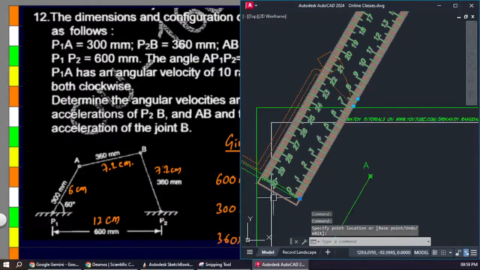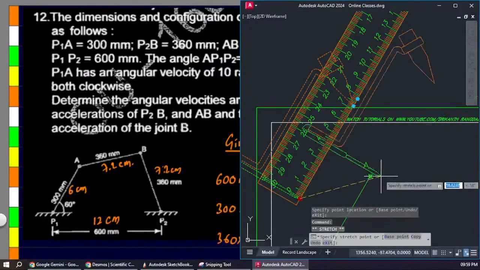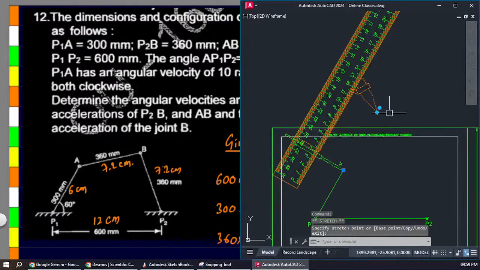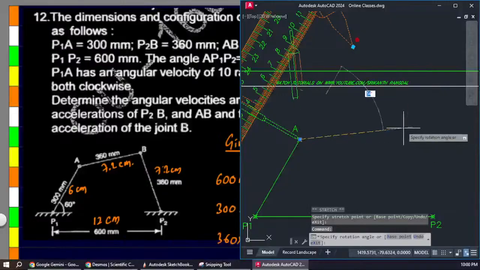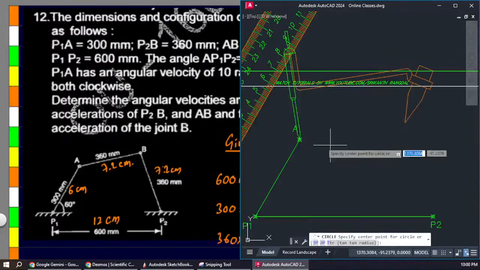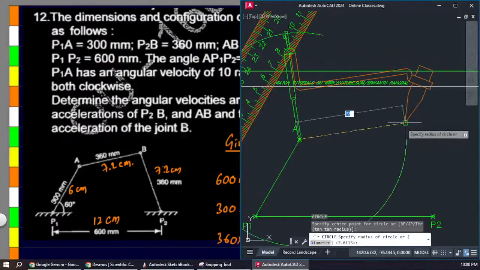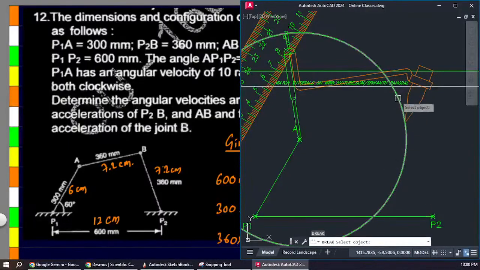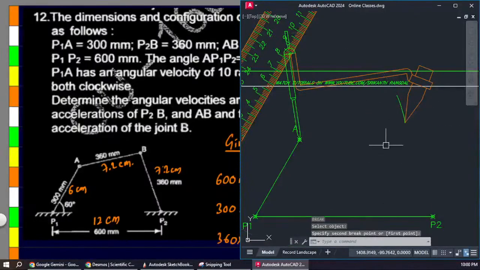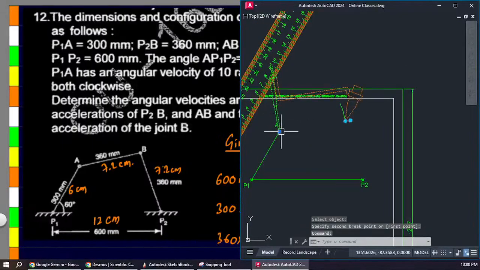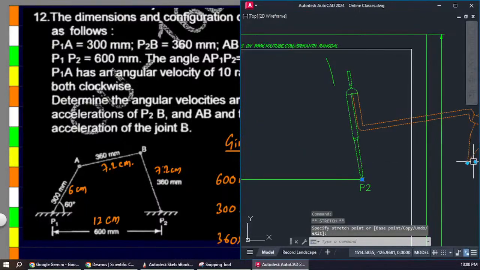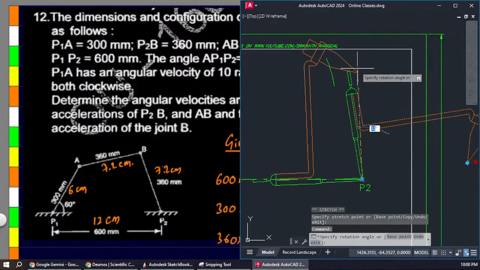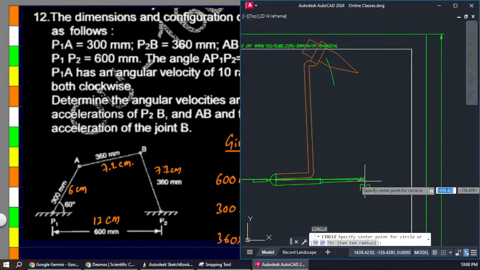Take that length, we have to mark it from this point. Rotate it without making any changes in the length, and then we will have to mark an arc, something like this. Then same length we'll have to take, and mark an arc like this.